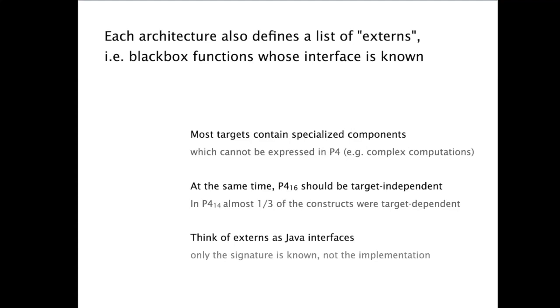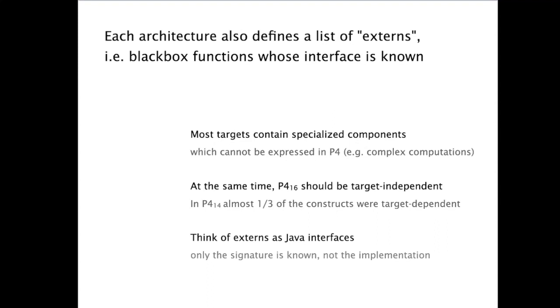The reason it is there is that, depending on the architecture we're talking about, there are different ways to implement basic functionalities. Performing a checksum would typically be an example of an extern. Of course, you wouldn't implement a checksum function the same way in hardware as in a software target. That's a typical example of something you cannot express in P4 directly because it is very much architecture dependent. So think of externs as basic functionalities whose implementation is architecture dependent.